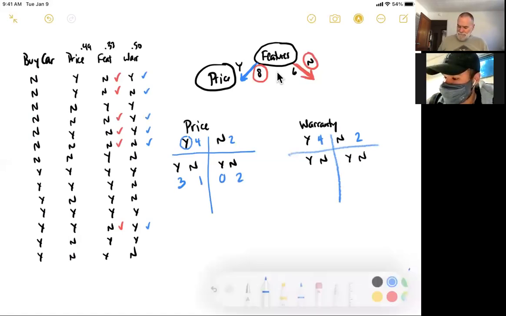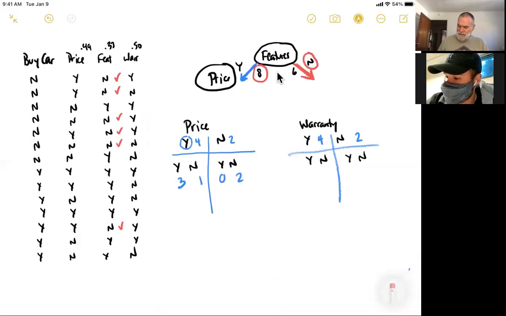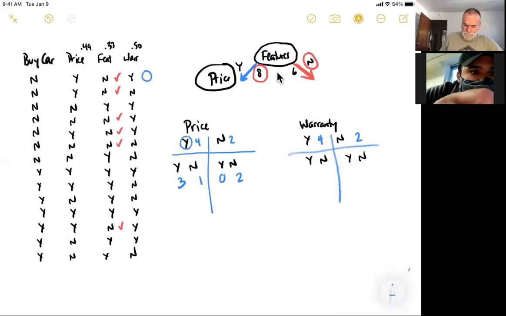Now, given that, let's do our tallies of how many of these resulted in a car being bought or not. All right, so let's just look at the warranty yeses to start, which would be this one, this one, this one, and this one, correct?